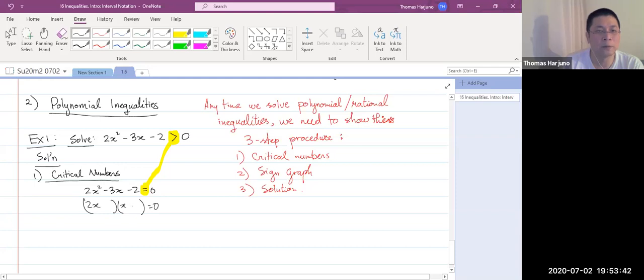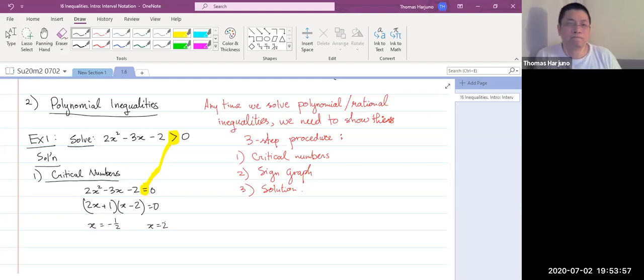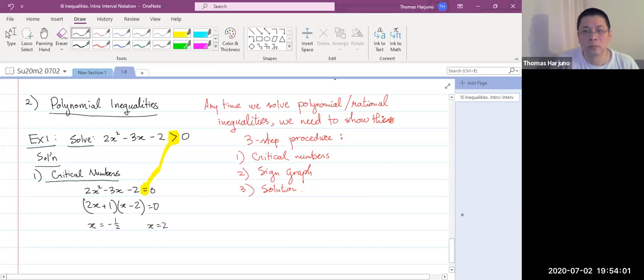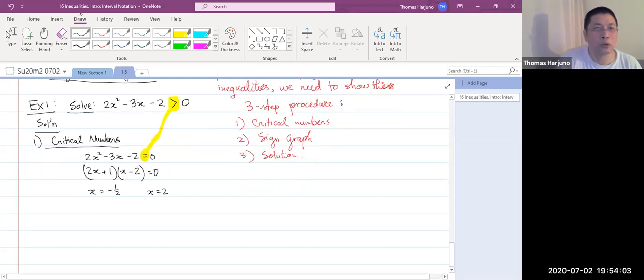It is factorable: negative 2 here plus 1 here. So I get my critical numbers are negative 1/2 and 2. Those are the critical numbers. Now then, step 2, the sign graph.